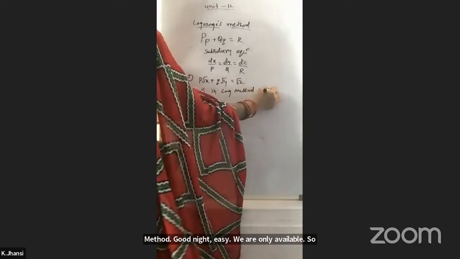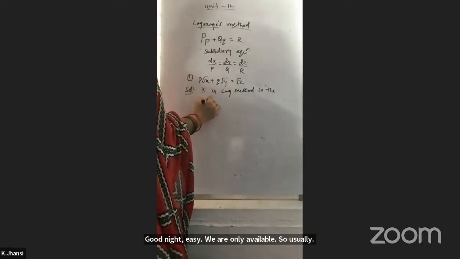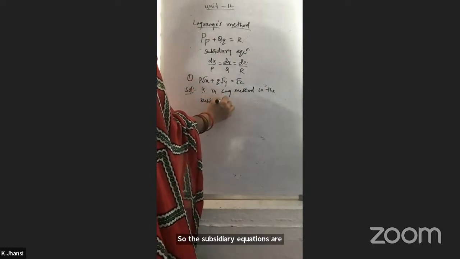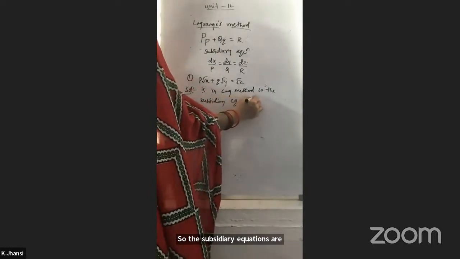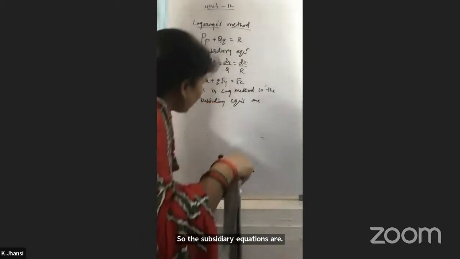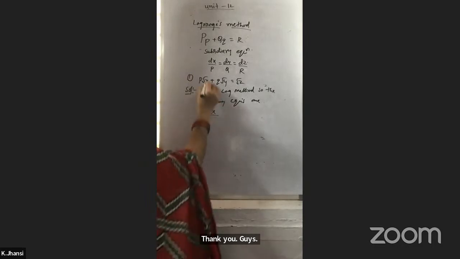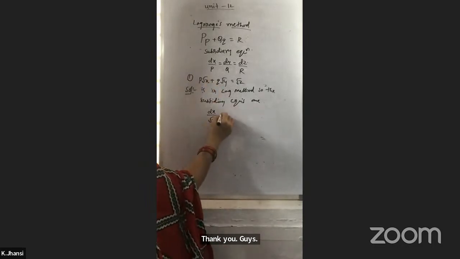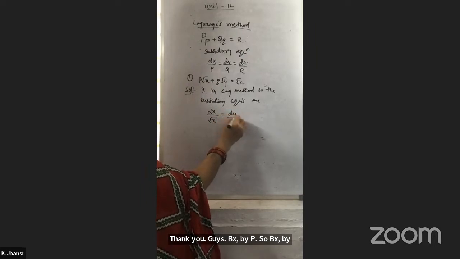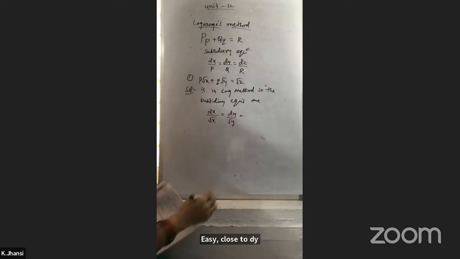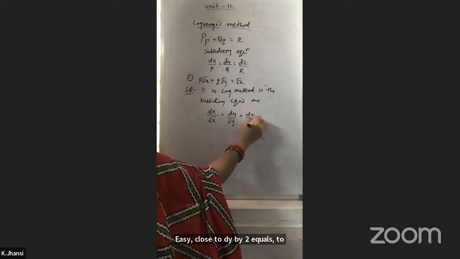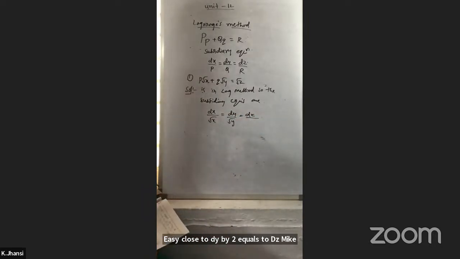So the subsidiary equations are dx by root x is equal to dy by root y is equal to dz by root z.